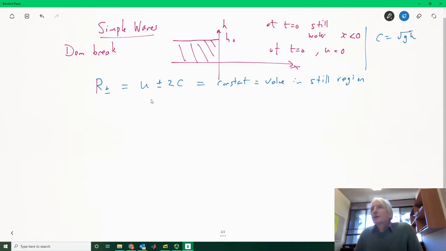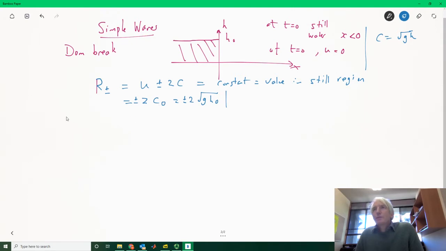So what that tells us is that this is equal to plus or minus 2c0, which is 2 times the square root of gh0, depending on whether you're on the plus one or the minus one.